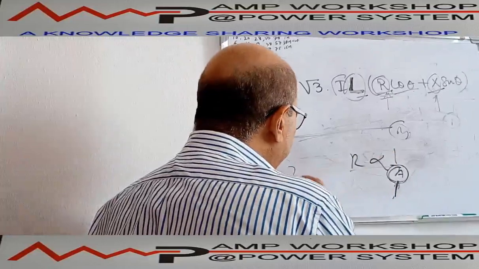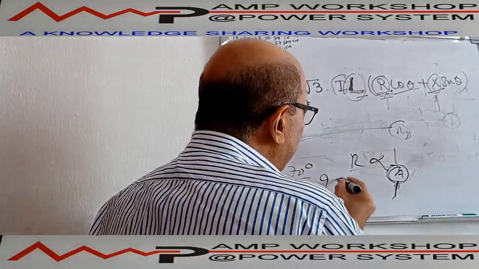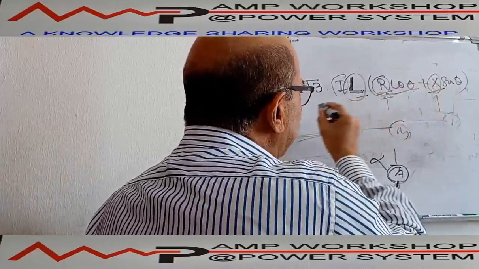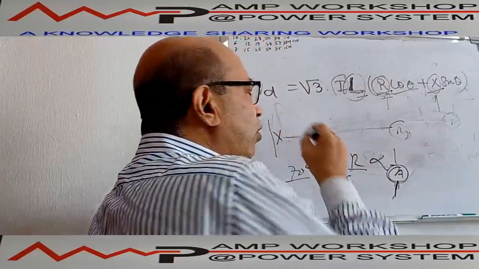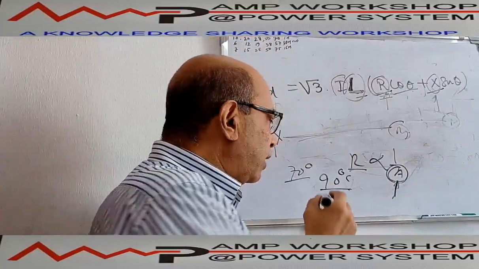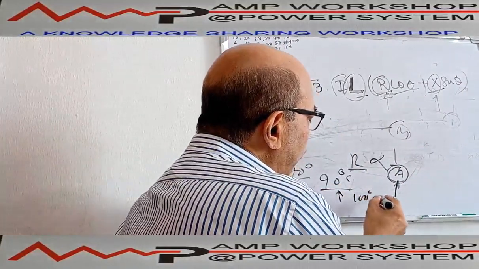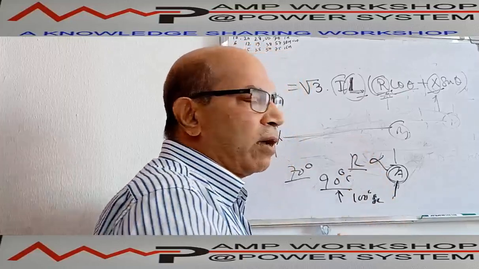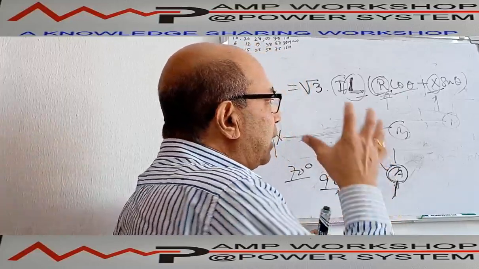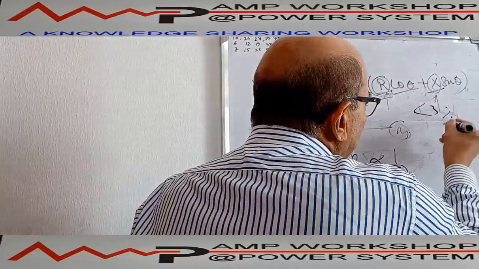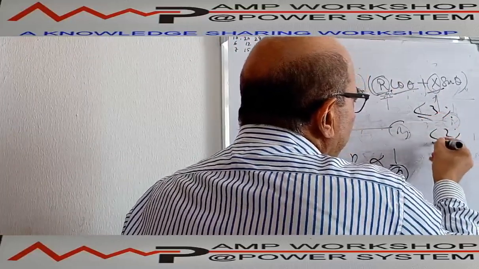Suppose before it was 70 square millimeter, now we'll go for 90 square millimeter cable. We calculate the resistance and reactance, then we calculate the voltage drop, whether it is coming within 3% or not. If not, then we'll go further, maybe a 100 square millimeter cable. We'll go this way. We have to gradually increase the cross section area till we achieve less than 3% voltage drop for the branch circuit or less than 2% voltage drop for the main circuit.